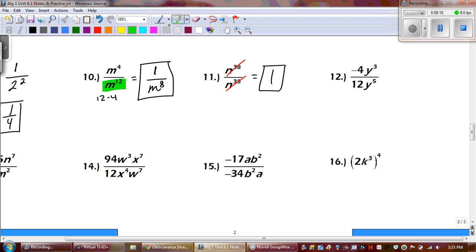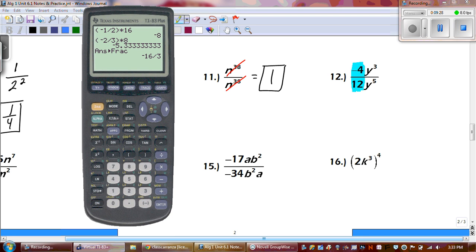All right, 12. Let's look at our fraction first, negative 4 over 12. Okay? Now, if you don't know how to reduce it, you can put it into your calculator. It'll tell you. And in my case, I have to change it to a fraction. So you get negative 1/3.